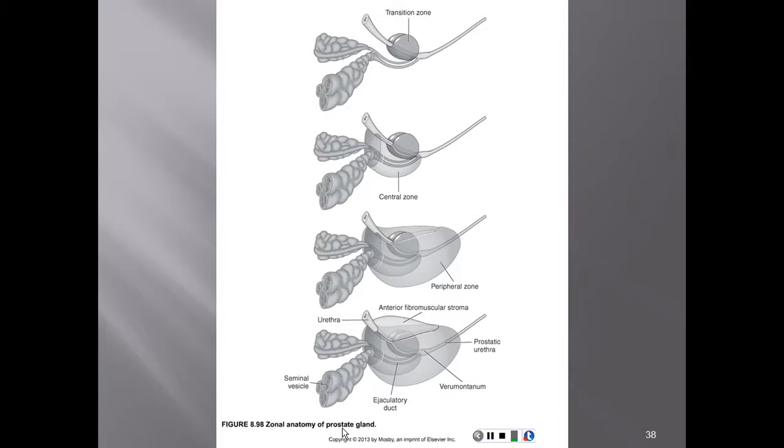The peripheral zone is the larger of the zones, comprising approximately 70% of the glandular tissue. The transition zone forms only 5% of the glandular tissue. It consists of two small lobules that are located lateral to the proximal urethra.